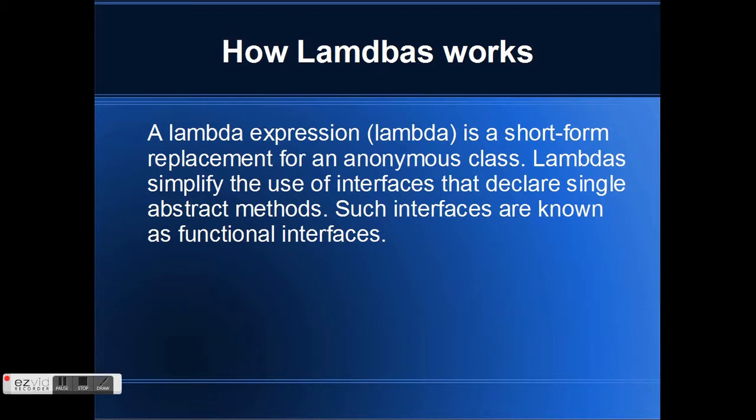So the main difference is that an anonymous class implements an abstract class, an interface, or a superclass, while a lambda just implements interfaces.